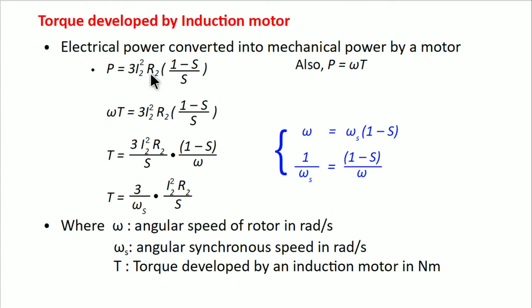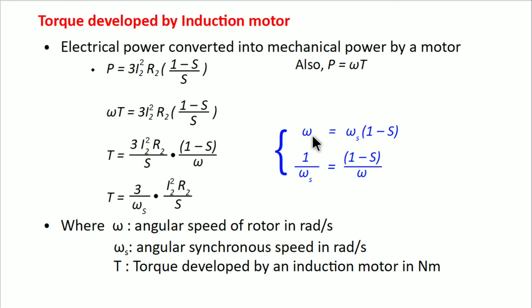Comparing these two equations, we can write omega T is equal to 3 I2 square R2 (1 minus S) over S. Or we can write it as 3 I2 square R2 divided by S, multiplied by (1 minus S) divided by omega.